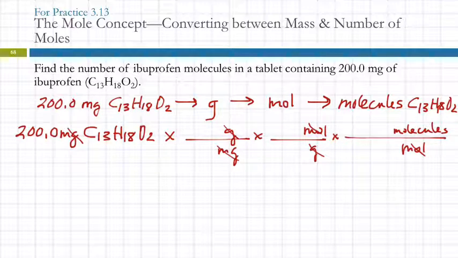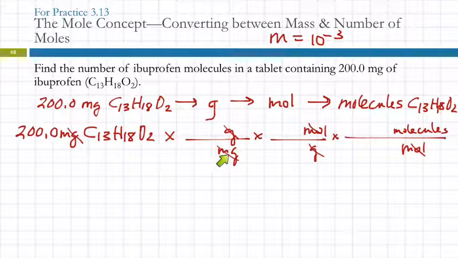Well, let's just start at the beginning. What's the relationship between grams and milligrams? Milli means what? 10 to the negative 3. So we know that milli stands for 10 to the minus 3. So there's milli on the bottom. I need the top and the bottom to be equal to each other.